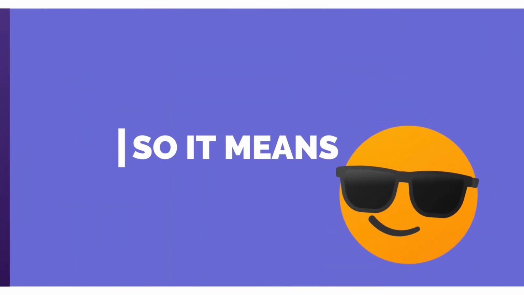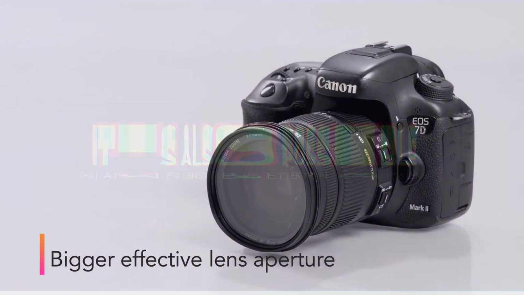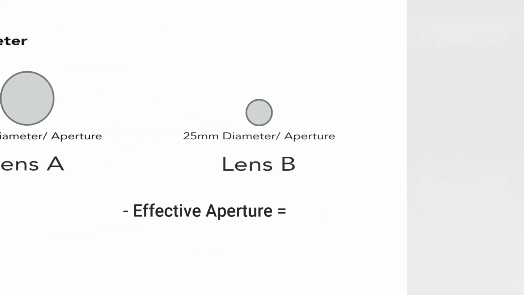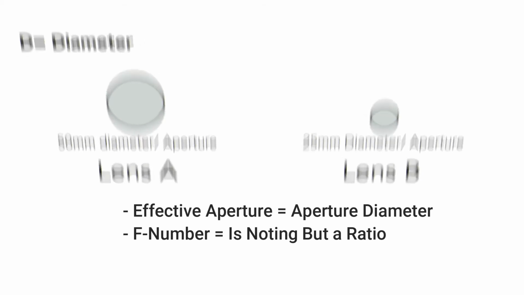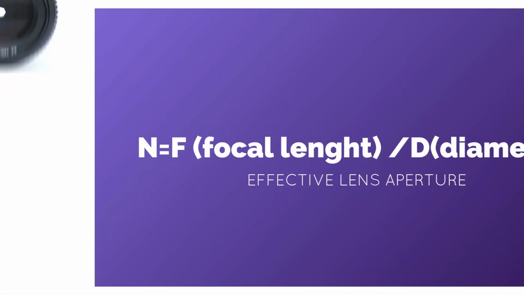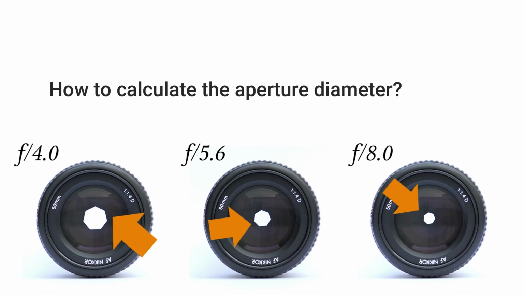Sometimes an f/4 lens can also beat the performance of an f/1.8 lens, for example, if the f/4 lens has a bigger effective aperture than the f/2.8 or f/1.8 lens. In the process section, we will understand how to utilize the same formula to calculate the effective aperture diameter of different types of lenses.